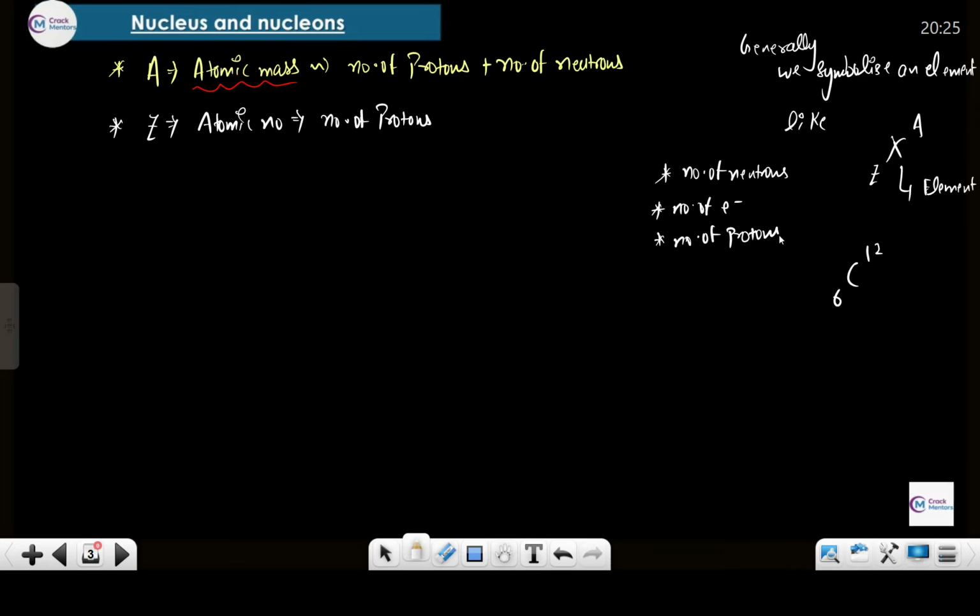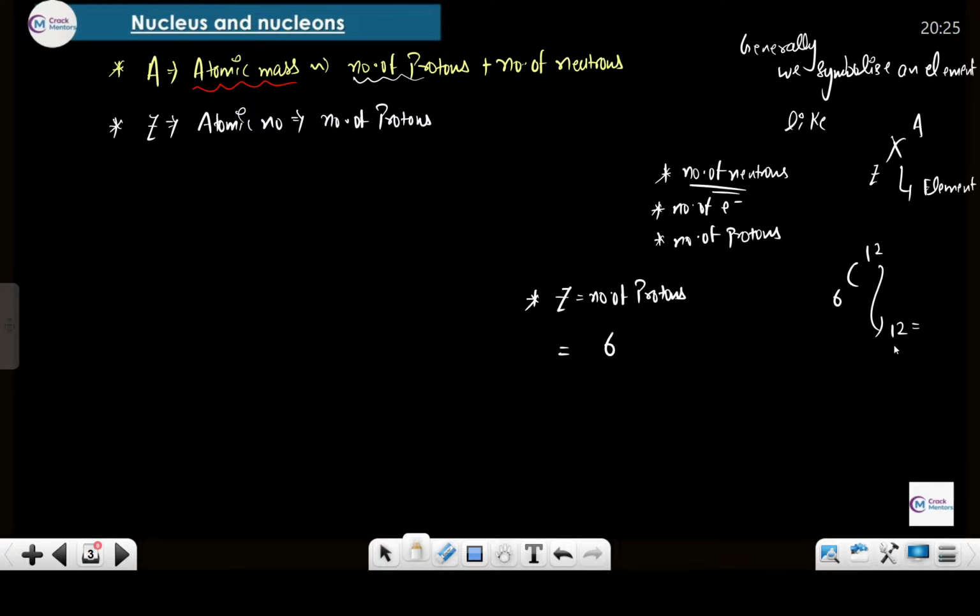The atomic mass given to us is 12. To find the number of neutrons, we need to know the number of protons. The value of Z is equal to the number of protons, so it is 6.